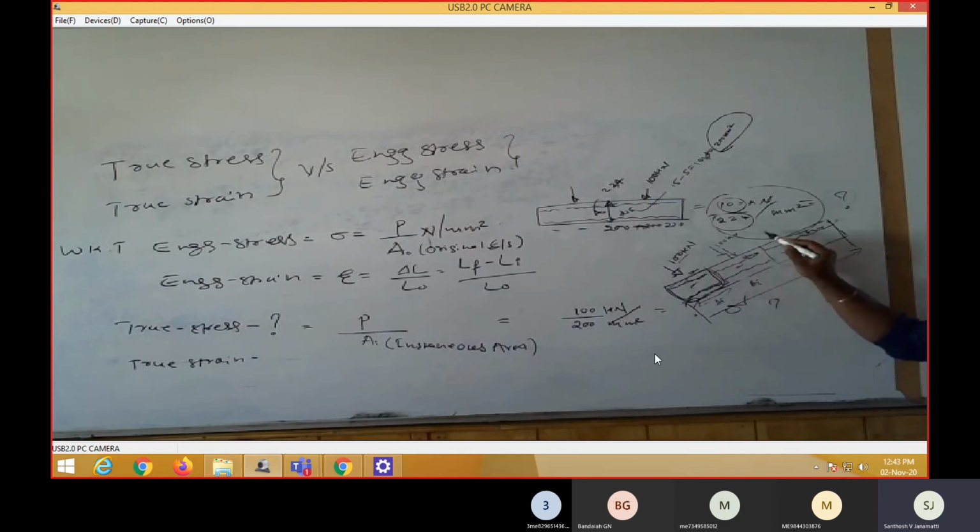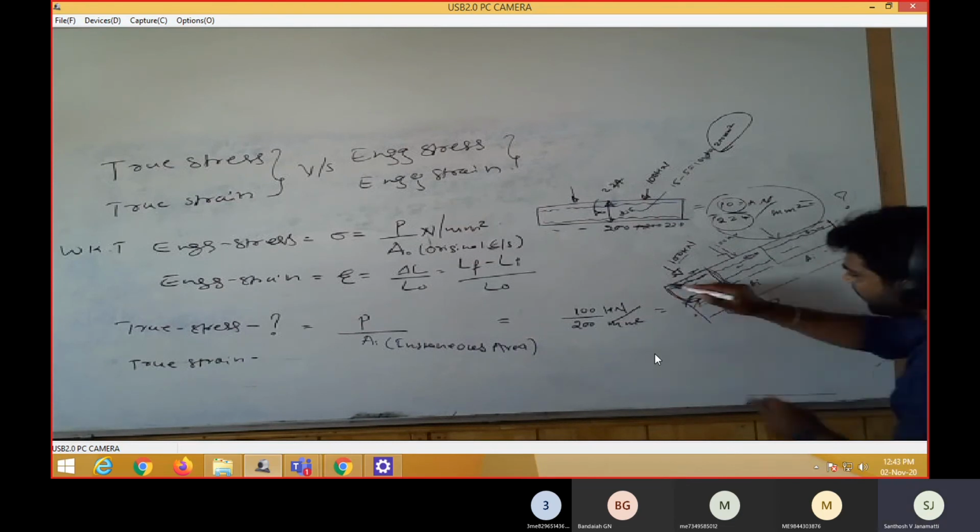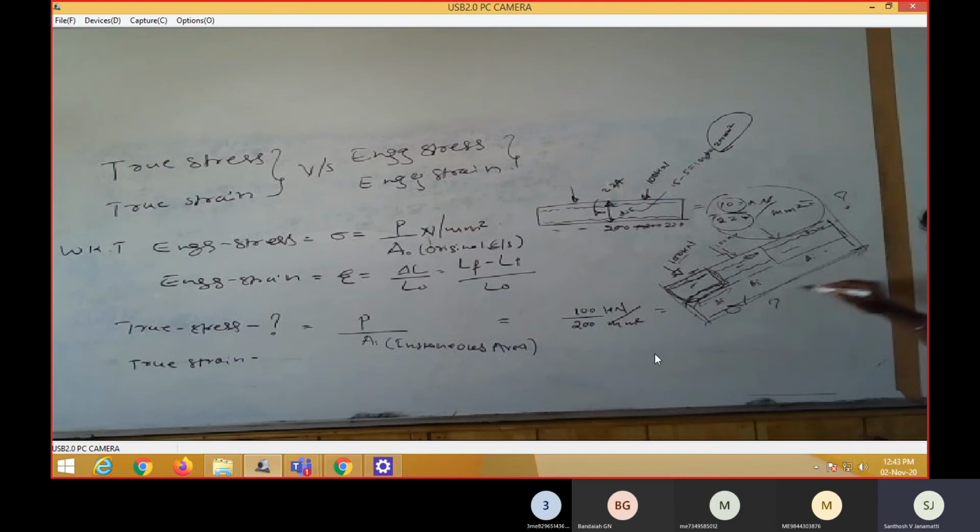Based on the instantaneous load, we get the instantaneous reduction in diameter. Reduction in diameter is 2 mm, reduction in diameter is 4 mm, reduction in diameter is 6 mm. While doing it like this, from here to here, I know the behavior of that particular sheet, instrument, material or element.